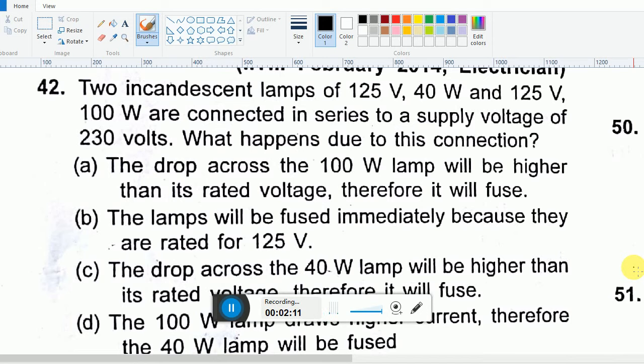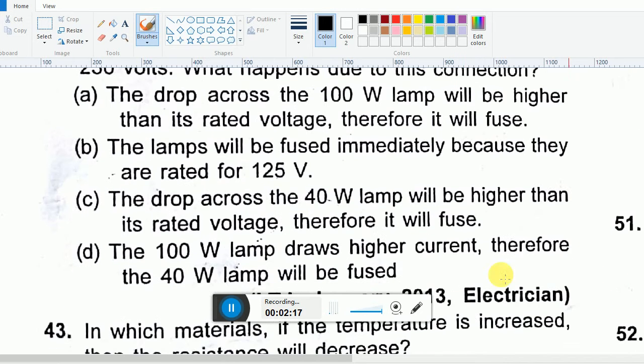The answer is that the voltage drop across the 40 watt lamp is higher than its rated voltage, therefore it will fuse.